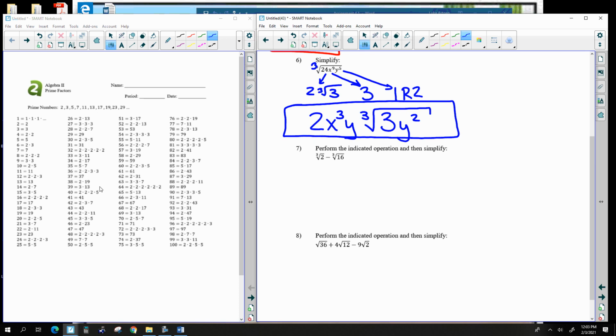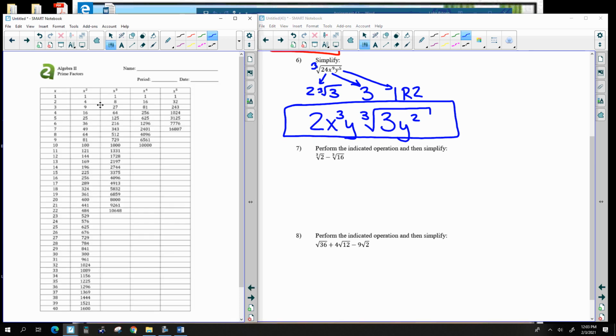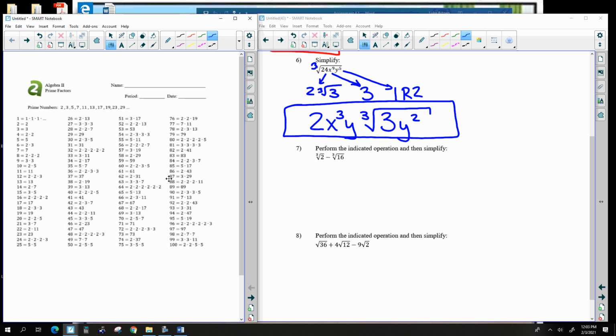Again, you may want to use this page if you can get lucky and identify a straight up root. That's awesome. If not, we have the ability to break down whatever it happens to be. If you have a number that is bigger than 100 and you need to do this process, like for instance, if they say, what is the square root of 120?